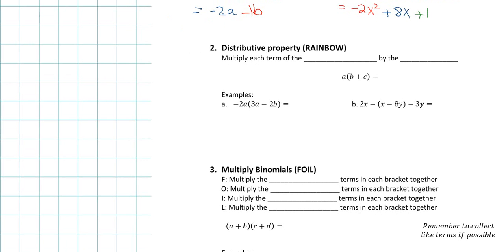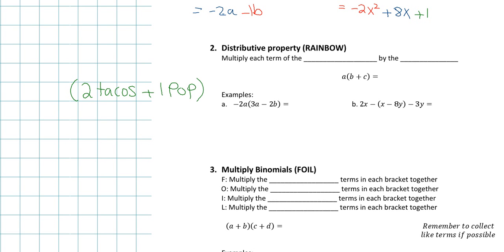Good. Now, if I'm going to write this as a mathematical equation, right, it's going to be 2 tacos plus 1 pop, right? And I'm going to buy 3 of them.